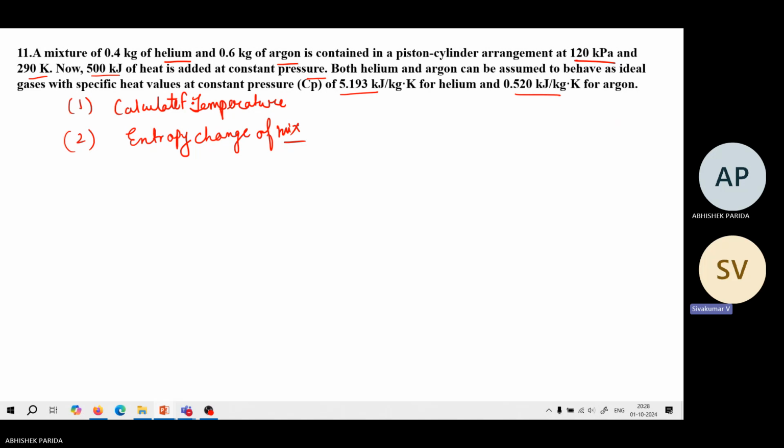Whether the temperature is 499 Kelvin, sir, after release. What is the entropy?